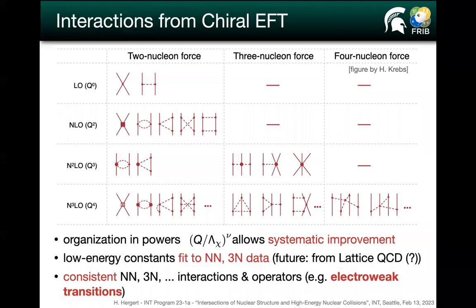And then, since we're working in a field theory framework with a field theory Lagrangian to start with, we are able to gauge this Lagrangian and then in this way obtain the coupling to the electroweak sector, for instance. And there are relations between the low energy constants that appear in the nuclear force and those that may appear in the electroweak transition operators. So there are consistency conditions in some sense.